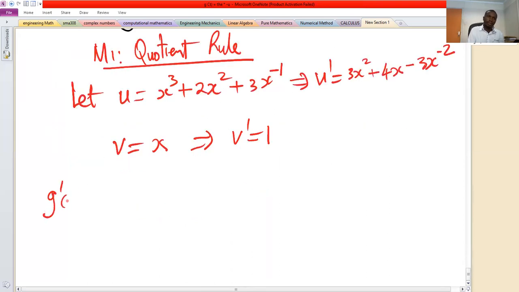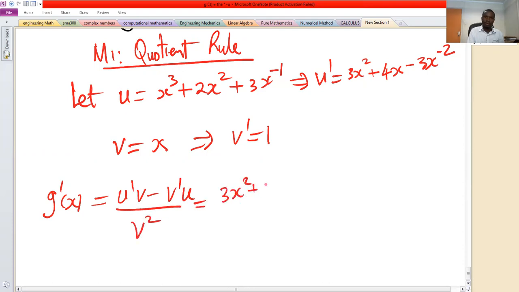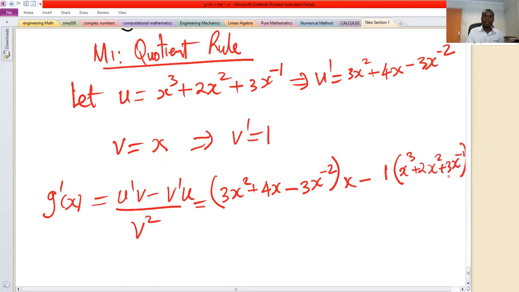So g prime of x by quotient rule is u prime v minus v prime u over v squared, which will be 3x squared plus 4x plus 3 times v, which is x, minus v prime, which is 1, times u, which is x cubed plus 2x squared plus 3x minus 1, and you divide by v squared, which is just x squared.